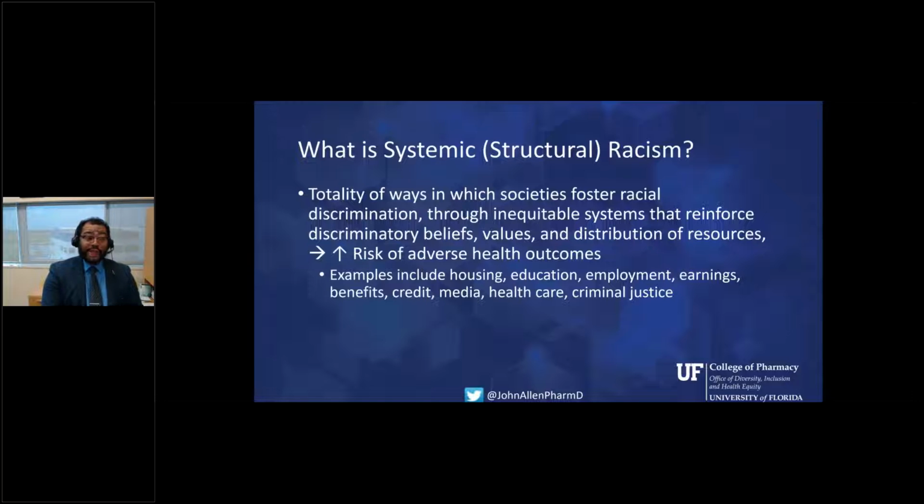And so it stands to reason, and the data suggests, that those areas where there's lower property values, their schools receive less funding relative to more affluent areas with higher property values. And you see some of the others listed there, including employment, earnings, benefits, credit, etc.